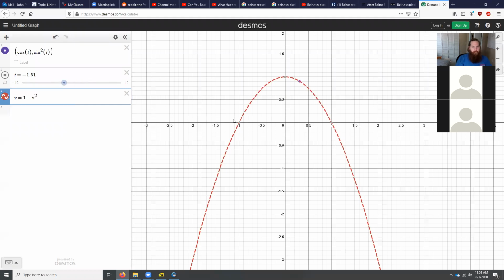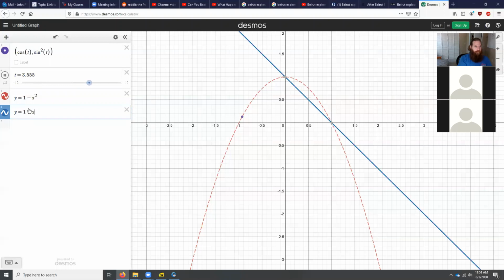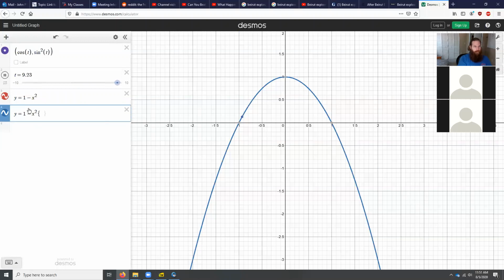But he never goes outside the interval -1 to 1 because the cosine values never go outside -1 to 1. So the actual parametric curve is this blue portion.